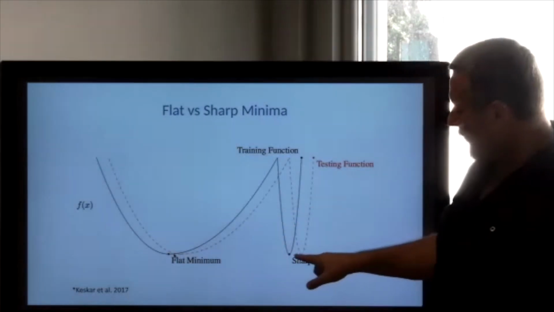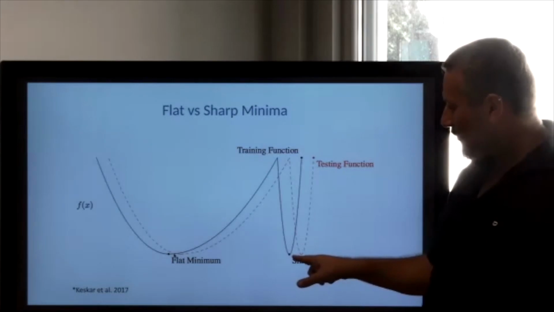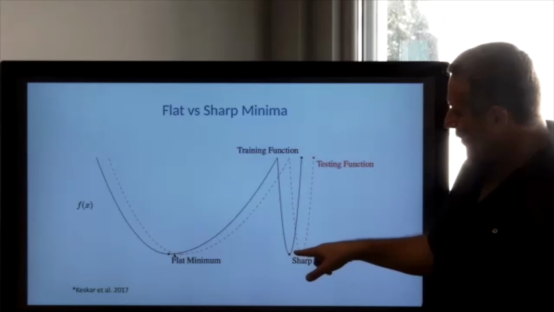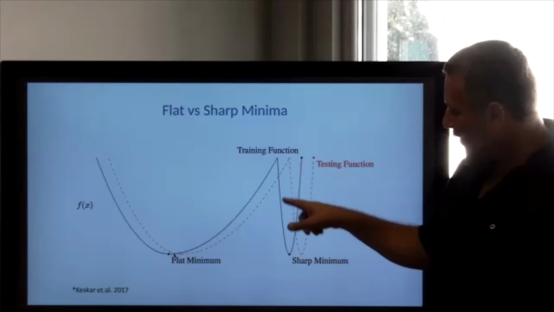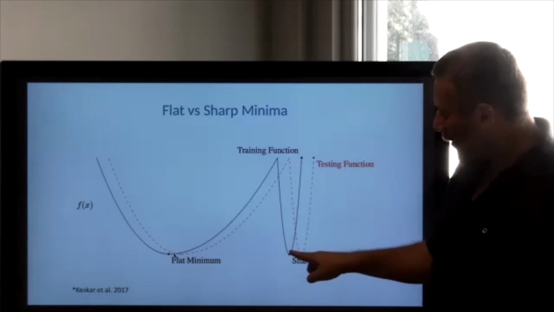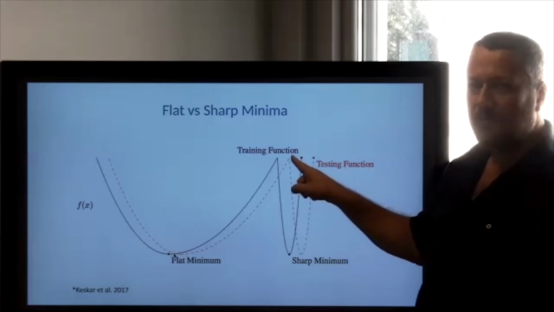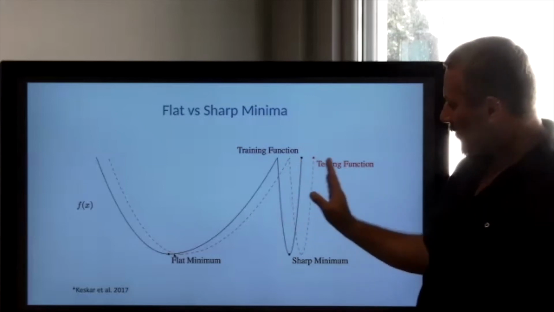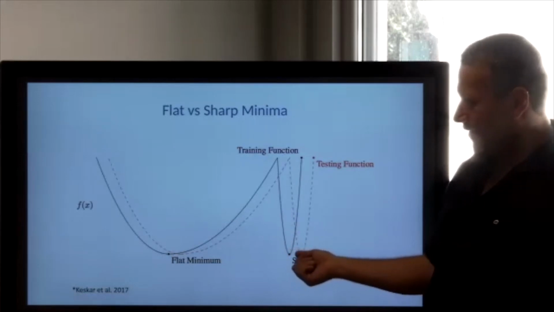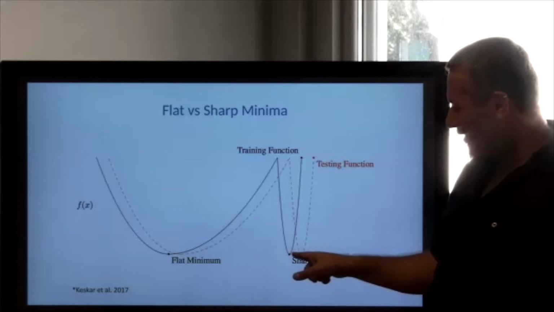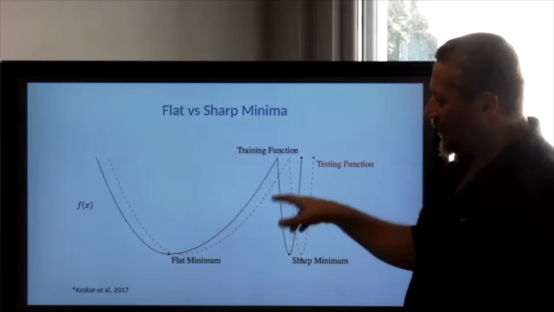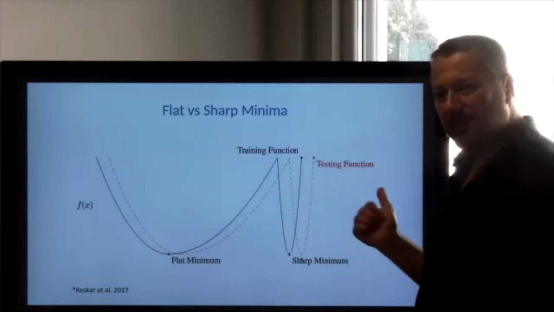But if you find a sharp minimum of the training function and you calculate the value of the testing function at that point, the function value goes really high, because even a small perturbation really disturbs the minima characterization of this point. So this is why a flat minimum works better for the testing function.